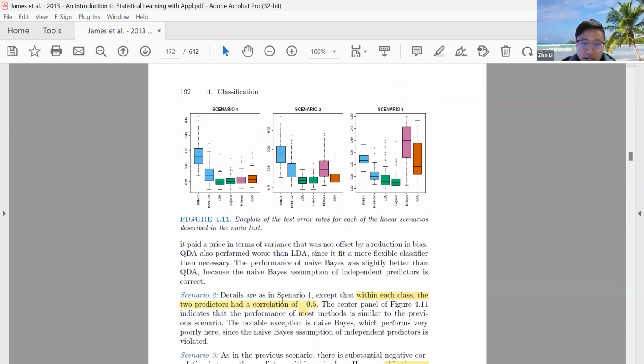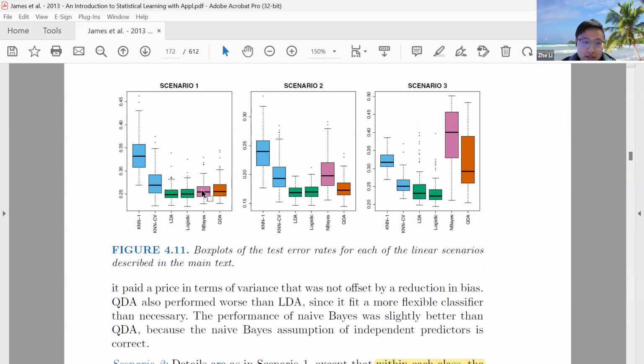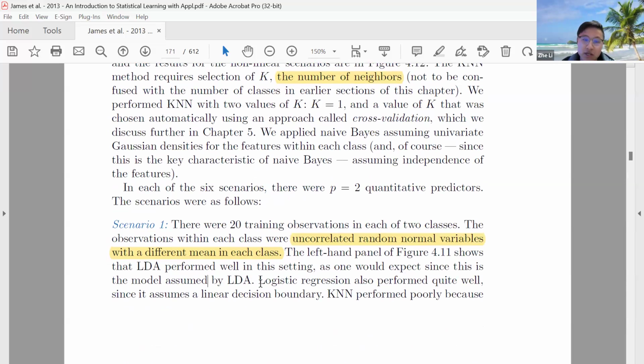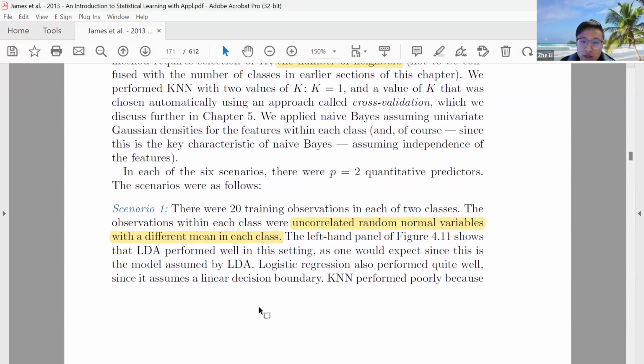In this figure, the underlying data is randomly distributed and independent across each class, so the decision boundary is also linear. The LDA, the linear discriminant analysis, and logistic regression have the best performance, because they both assume that the decision boundary is linear.